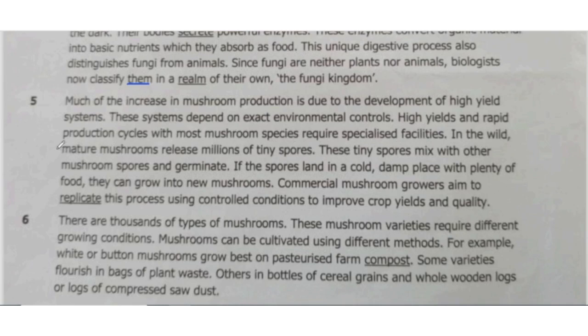In the wild, mature mushrooms release millions of tiny spores. These tiny spores mix with other mushroom spores and germinate. That's the one I circled as the answer. If the spores land in cold, damp places with plenty of food, they can grow into new mushrooms. Commercial mushroom growers aim to replicate this using controlled conditions to improve crop yield and quality.